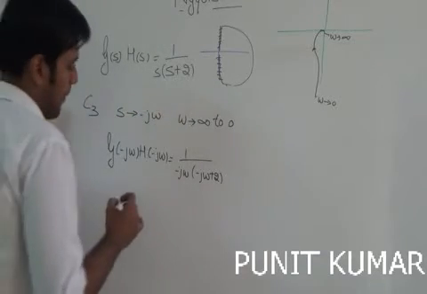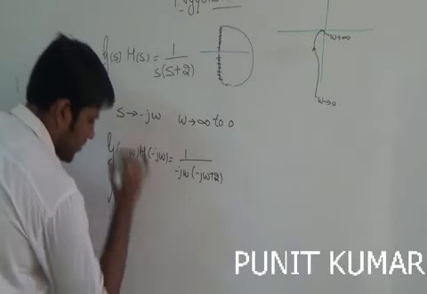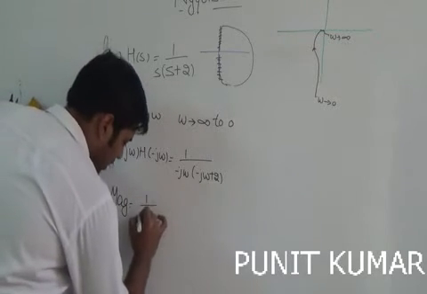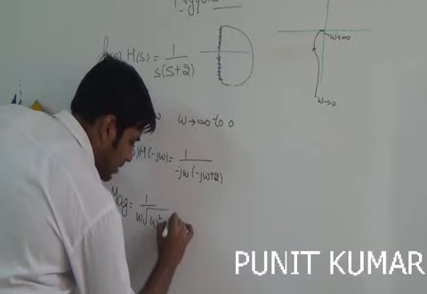Its magnitude is 1 by omega into the square root of omega square plus 4.